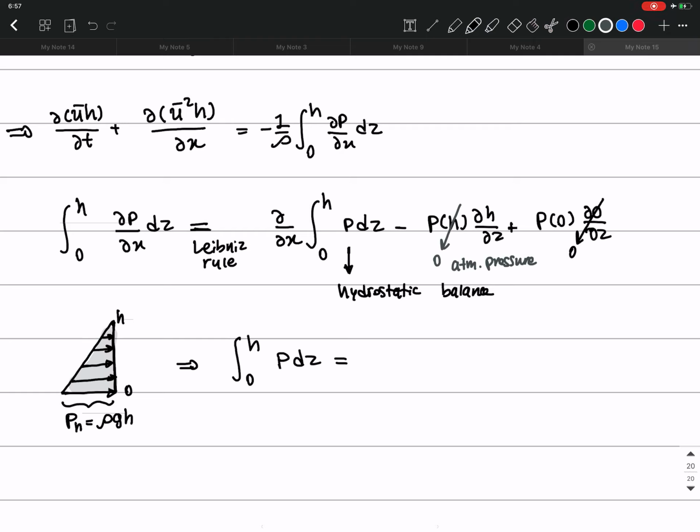This is just a triangle, so it's 1/2 of rho g h times h. Area of a triangle.